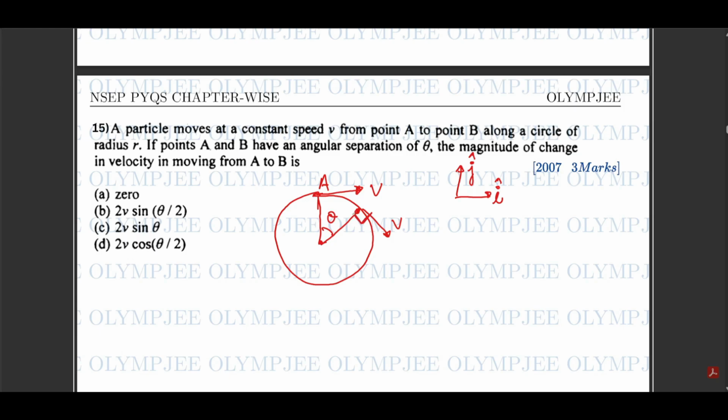The velocity will be perpendicular. We need to find the magnitude of change in velocity. Also, let us analyze point B. Point B is something like this.